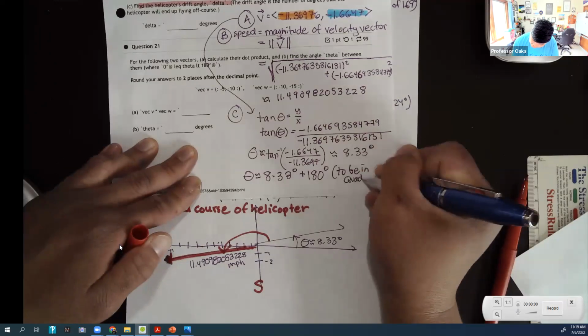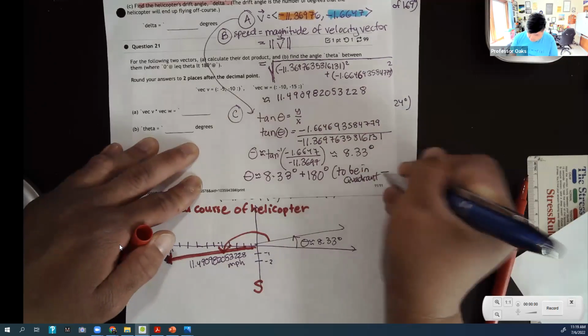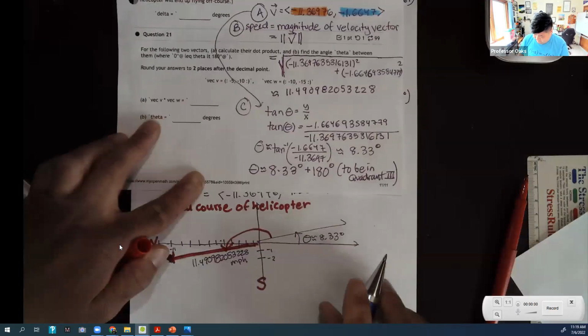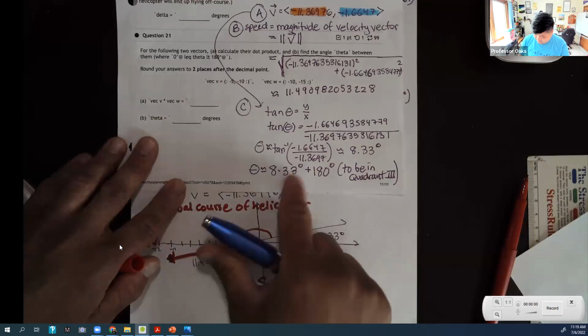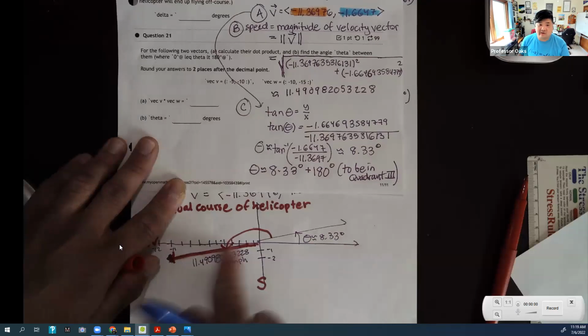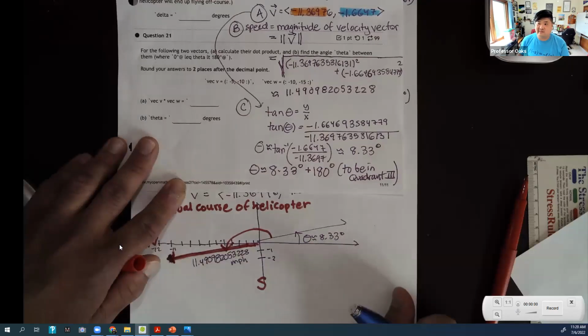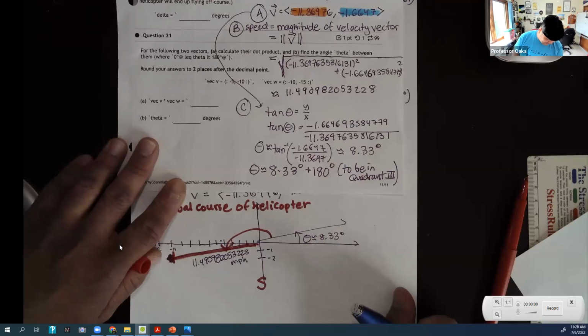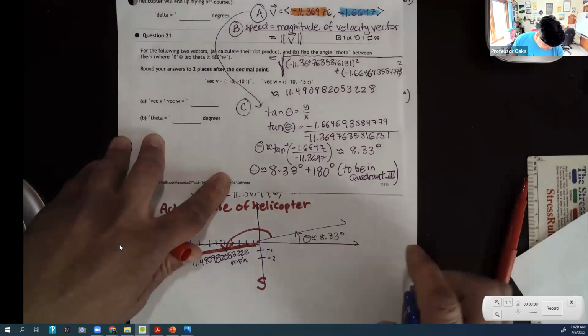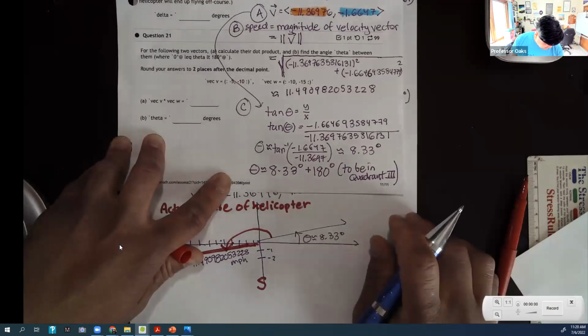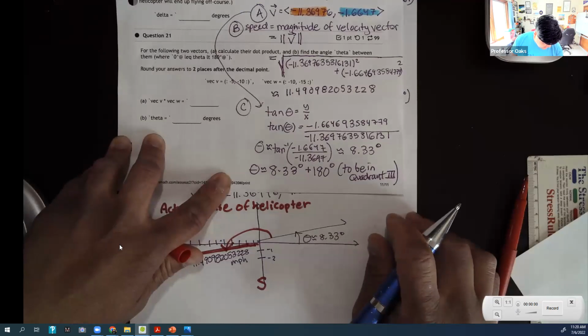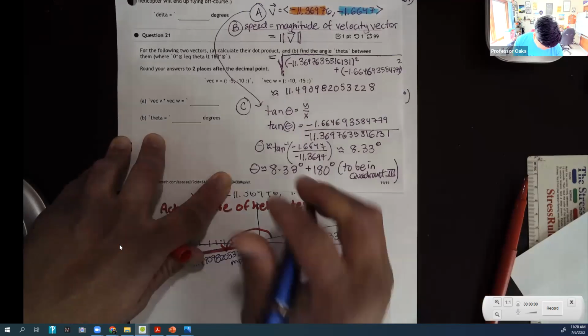That's how you know whether you need to add the 180, based on where the helicopter is actually going. If you don't check where the helicopter is going and you forget to add the extra angle, that could be a problem.